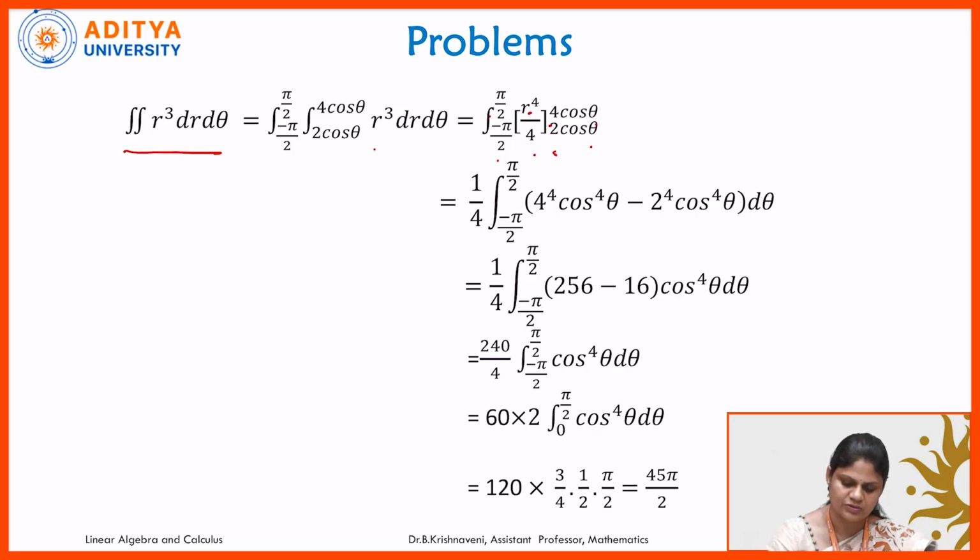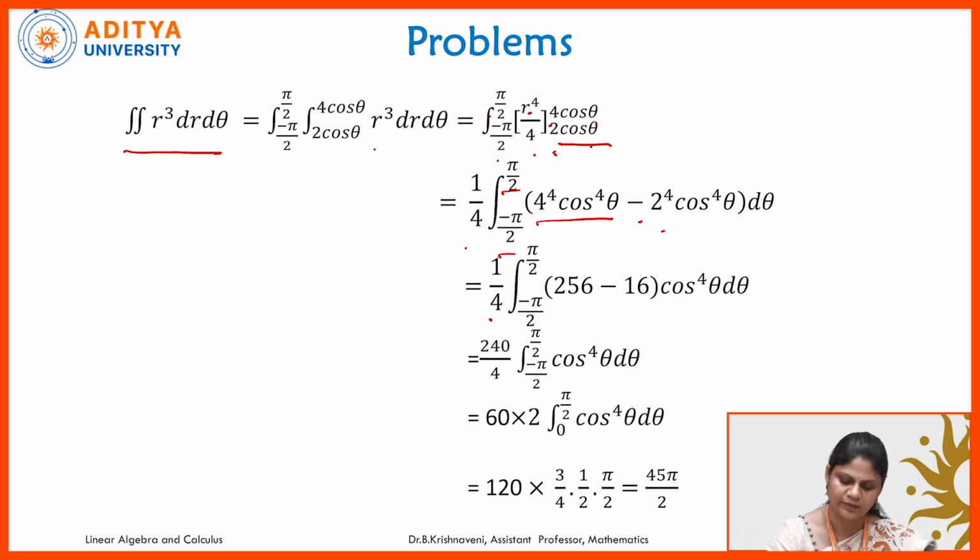That is equal to, taking 1/4 outside the integration, the integral from −π/2 to π/2 of 4⁴ cos⁴θ minus 2⁴ cos⁴θ dθ.